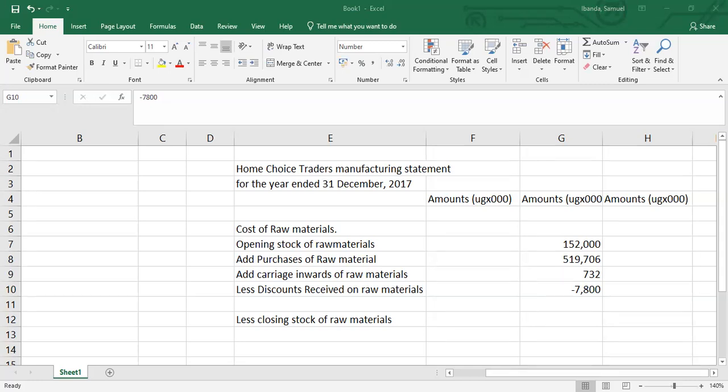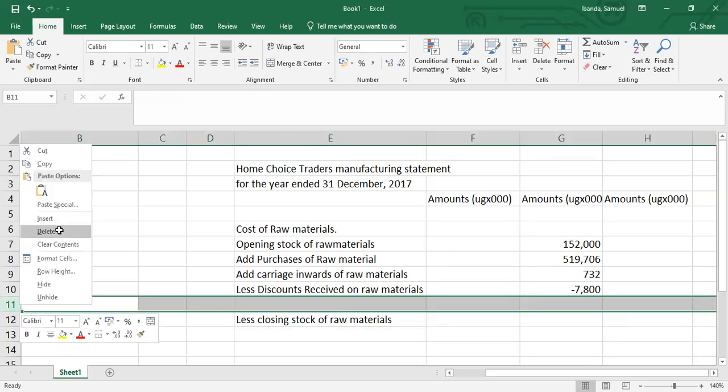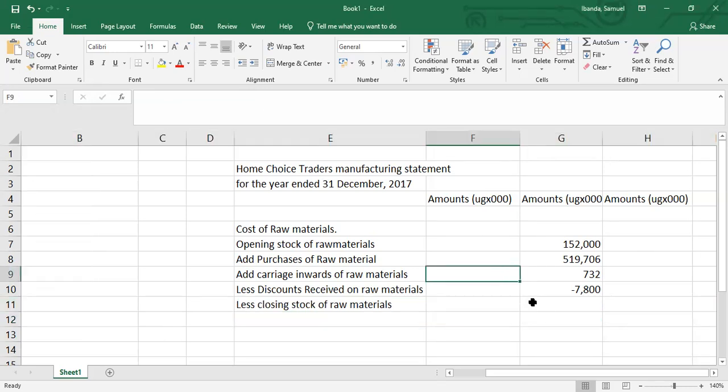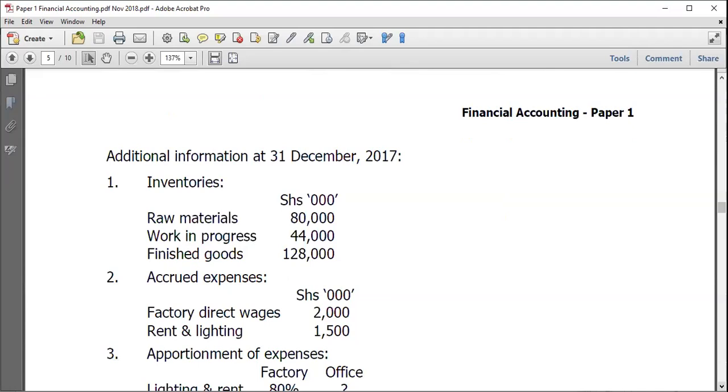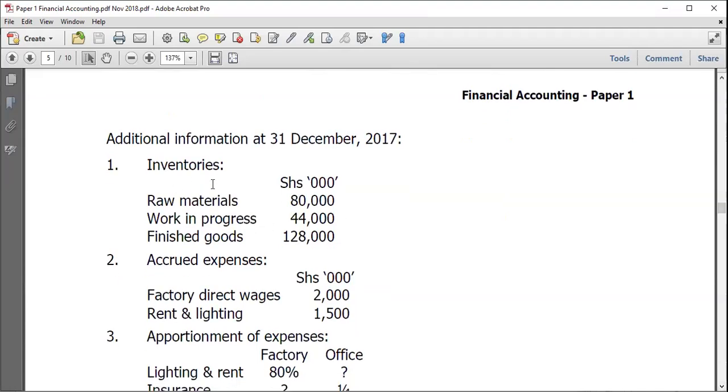Now, the next thing that I'm going to do, okay, I'm now going to less my closing stock of raw materials. Let me even reduce this space, okay? And what I'll do is I'll move onto my question and look for closing stock of raw materials. So closing stock of raw materials right here.